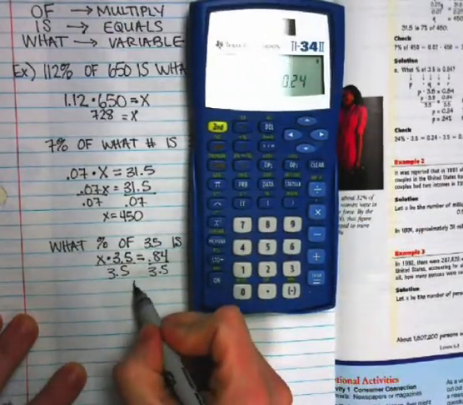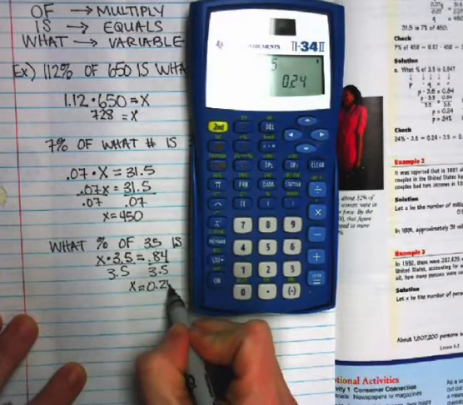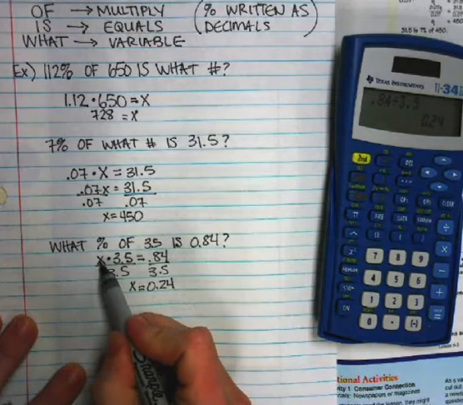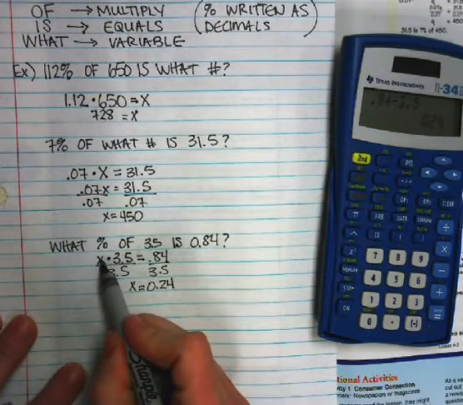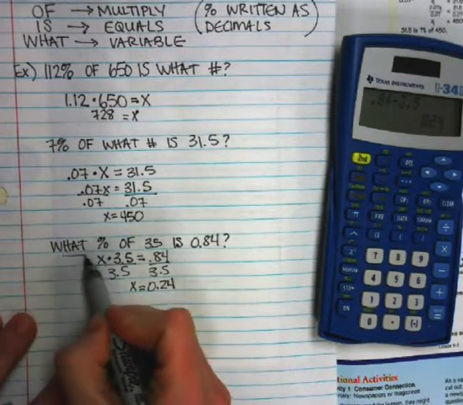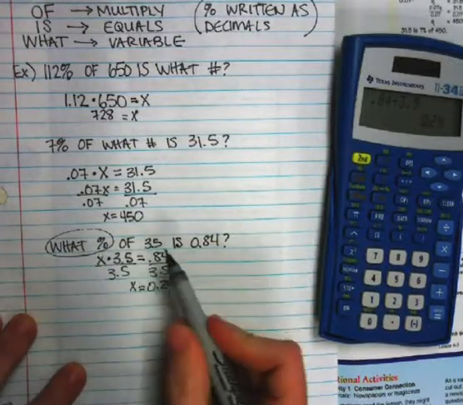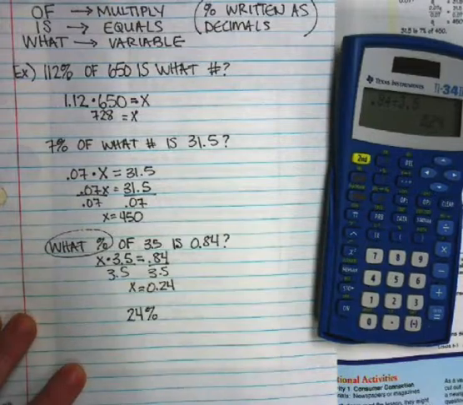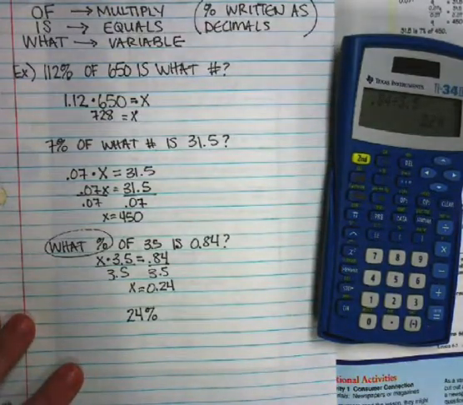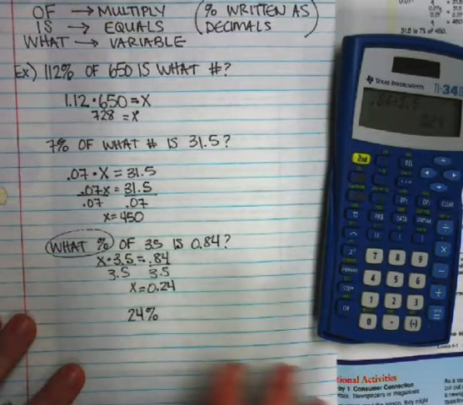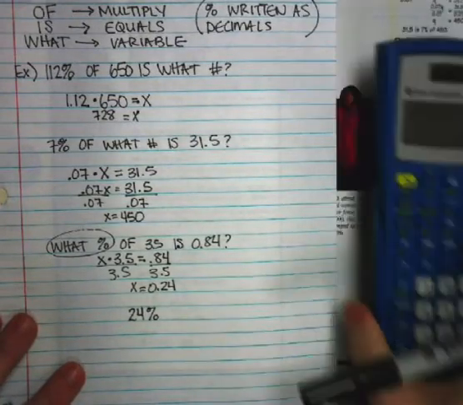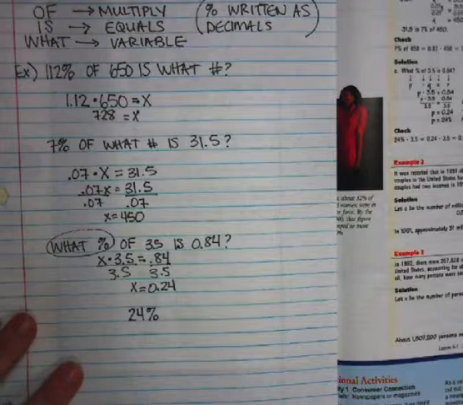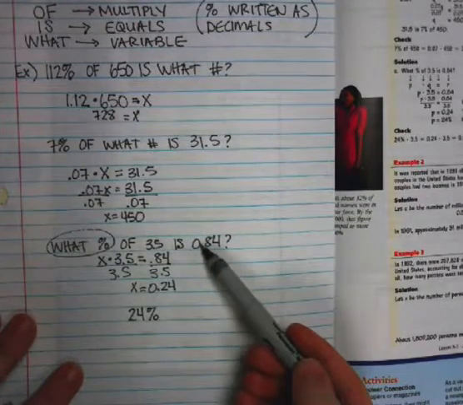Okay, and I have x equals 0.24. So just remember, when I put this in there, this was the percentage written as a decimal. And since it's asking me what percent, I need to make sure I go ahead and transfer it back into a percent. Okay? So those are the easy, straightforward ones. It only gets tricky when you have to read through some word problems and decide which parts go where.